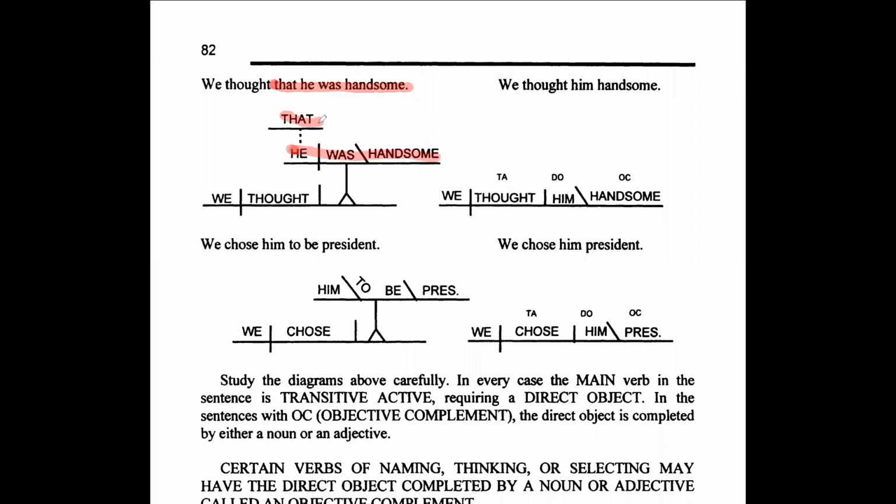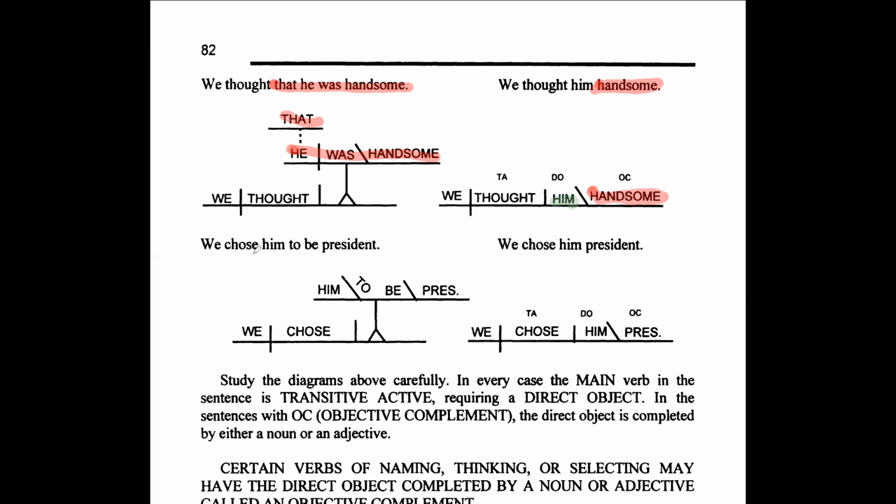We thought him handsome. So handsome here is the object complement. We thought him handsome. The direct object is him, the pronoun. Okay. Now look at this next one. So these are all examples of objective complement. Look at the next one.